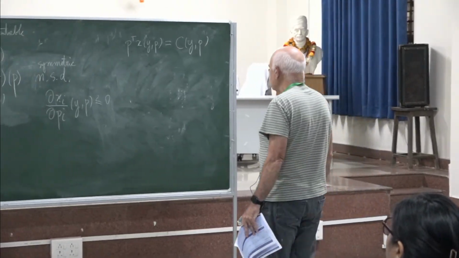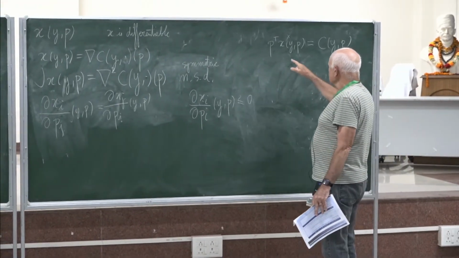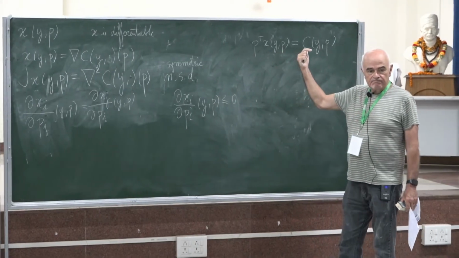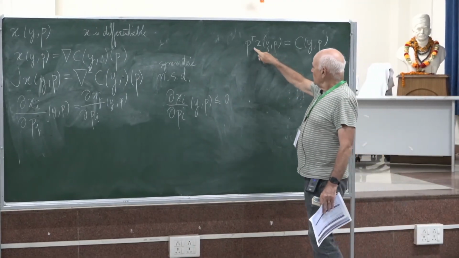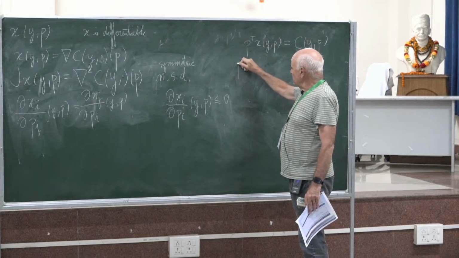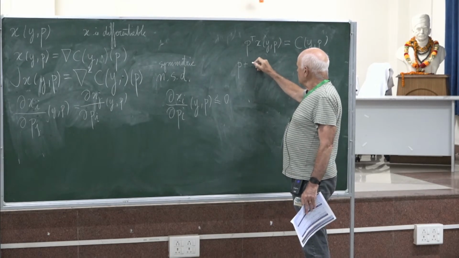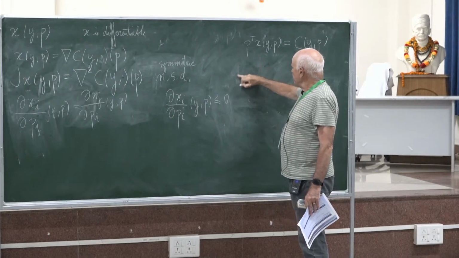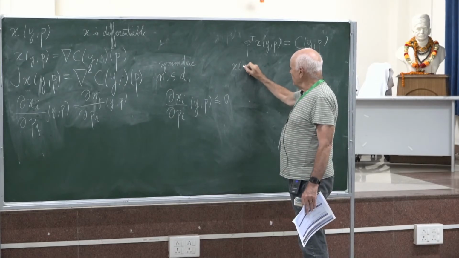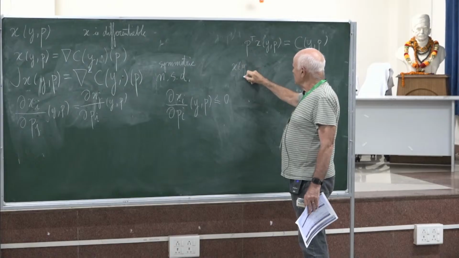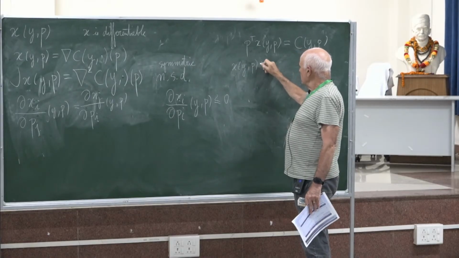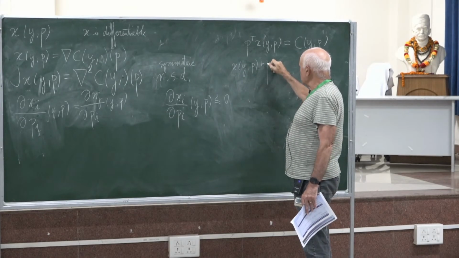Well, so from this equality, take derivatives. We have here a product, so we get p plus x of y,p plus p transpose.